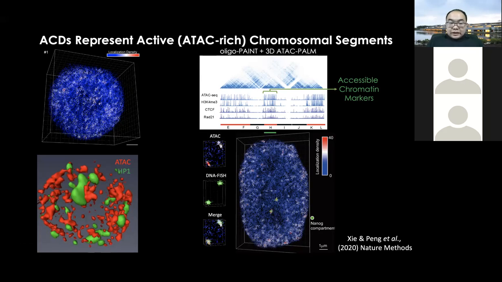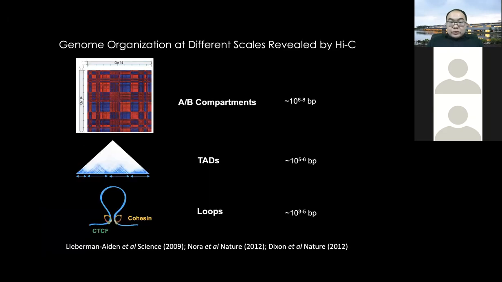So with this technique developed and validated, in the next step we really would like to use this imaging technique to specifically look at the accessible compartment and how it is regulated by CTCF and cohesin.